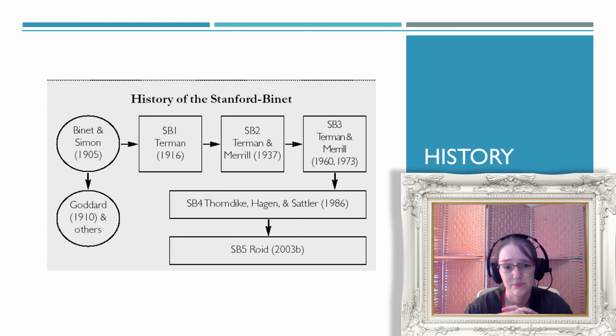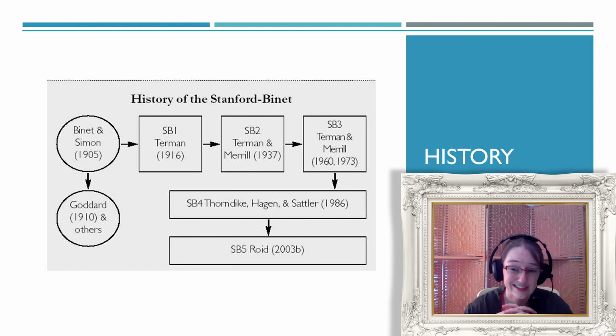They had a test out by 1911 that was pretty closely linked with the original. By 1916, Terman had developed the Stanford Binet 1, which focused on just one main construct and a couple of scales. It's been modified a couple of times.